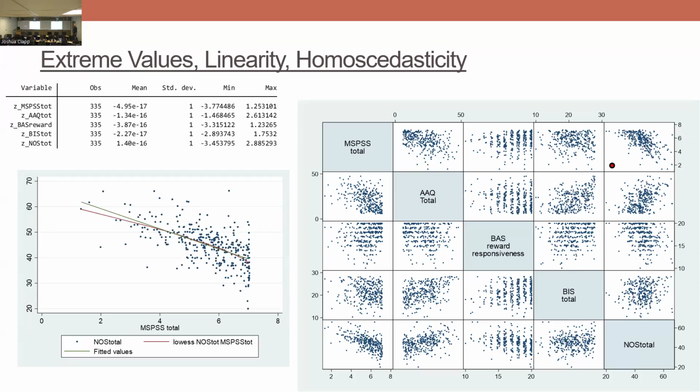I can pop up that individual graph and see. Here's my regression line, that's my straight line. This red line, the lowess line, is going through and mapping the best fit in a curvilinear way. We get a little bit of a curve down here at the end, but I'm not worried about that too much.